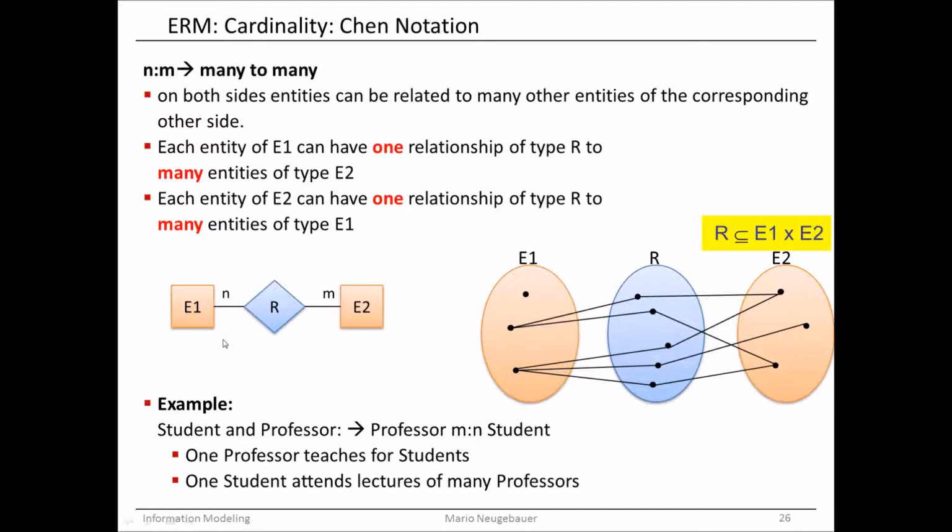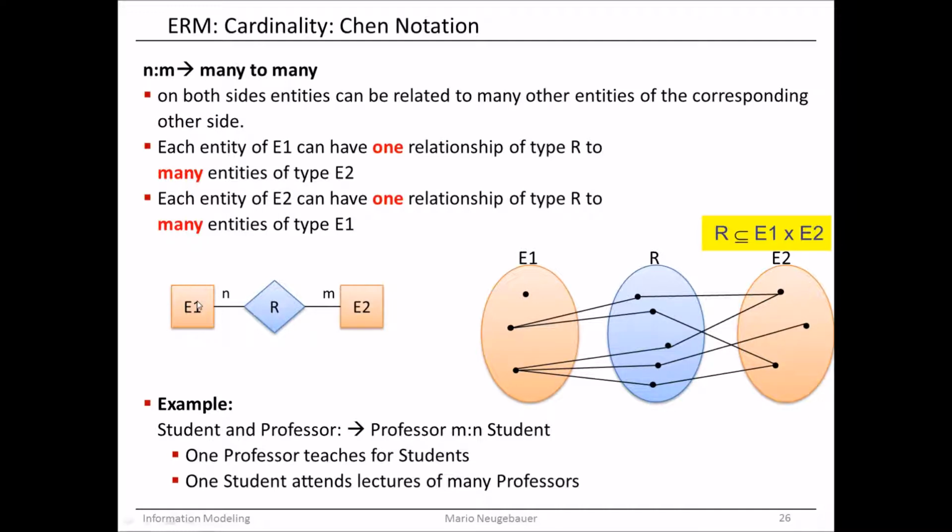And again, we have to read it carefully. Just take an element from E1 and describe the relationship to many entities in E2. There are relationships possible to many entities in E2. Vice versa, if you take out an entity from E2, you can have a relationship again to many entities from the entity set E1.